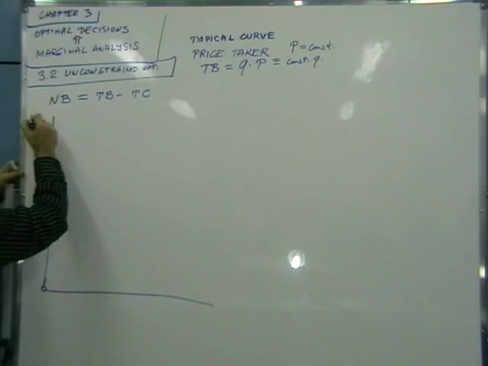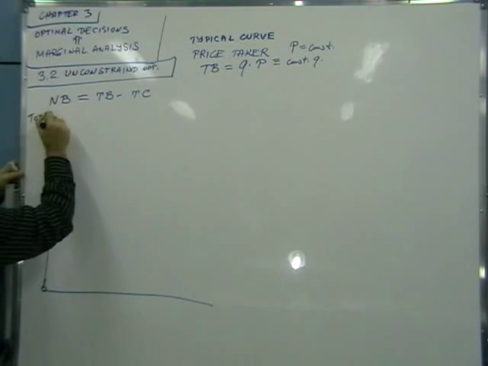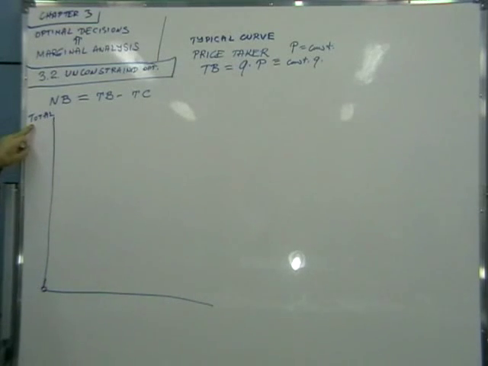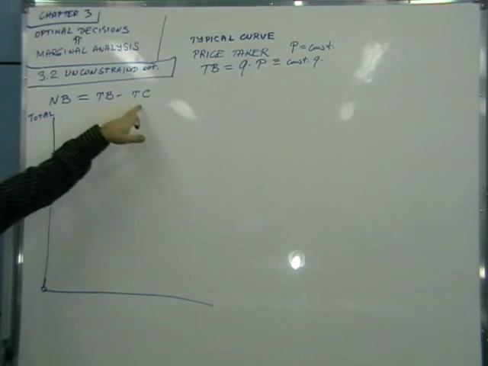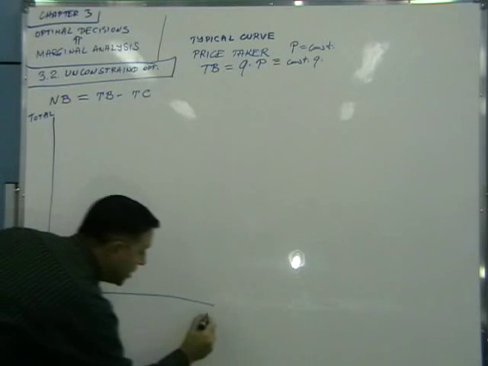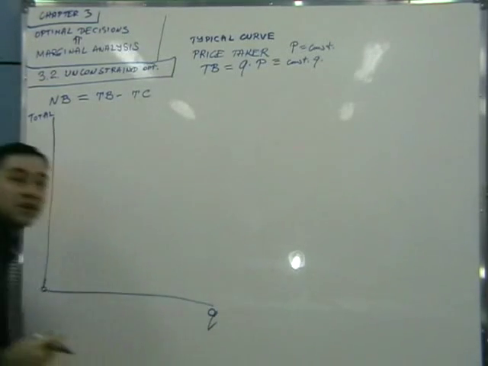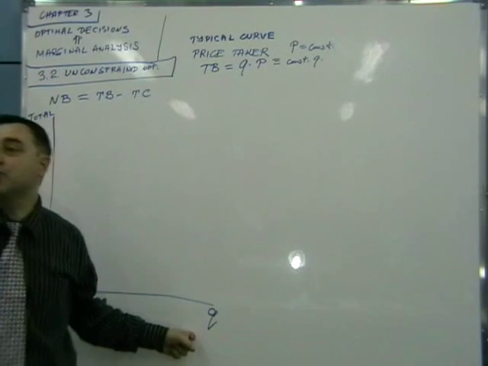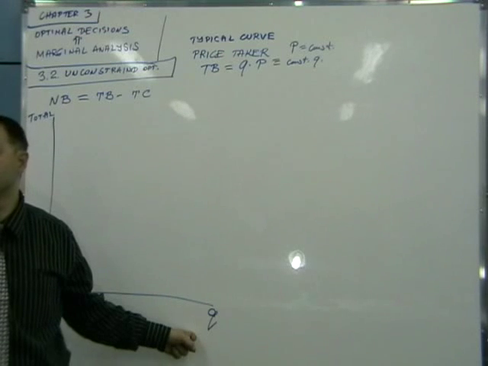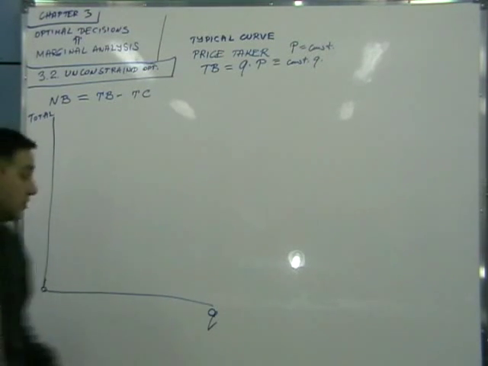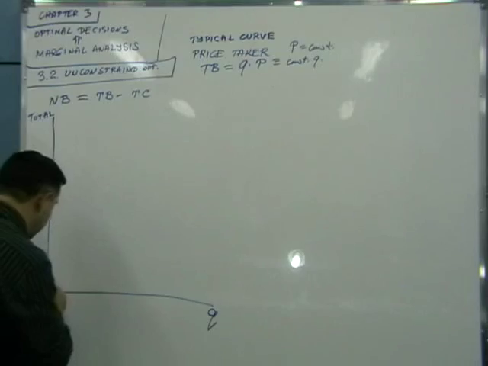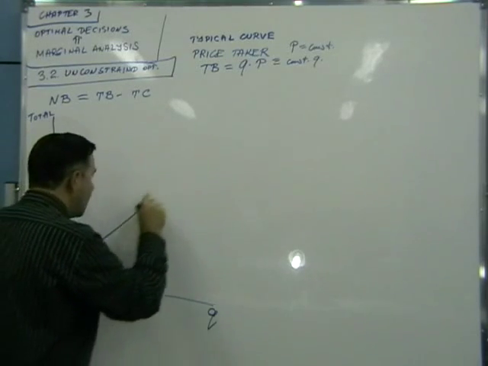So this here represents the total, and we're going to have total benefit and total cost, alright? And this here is the choice variable: how much wheat the farmer would or should produce. The benefit is fairly straightforward.